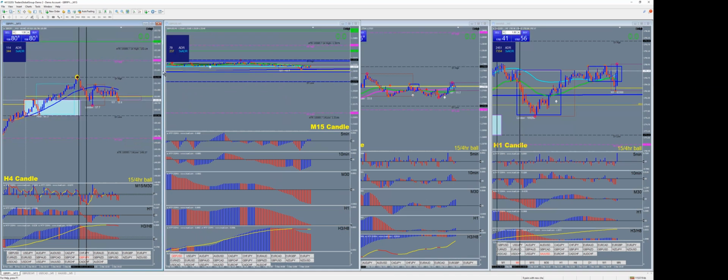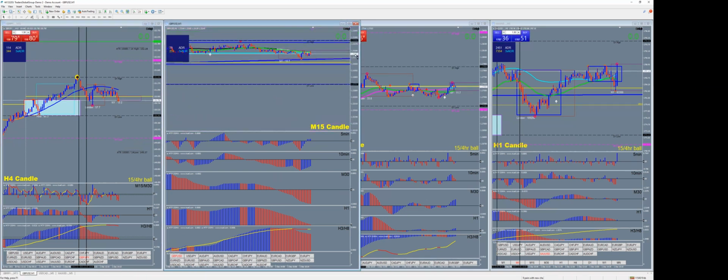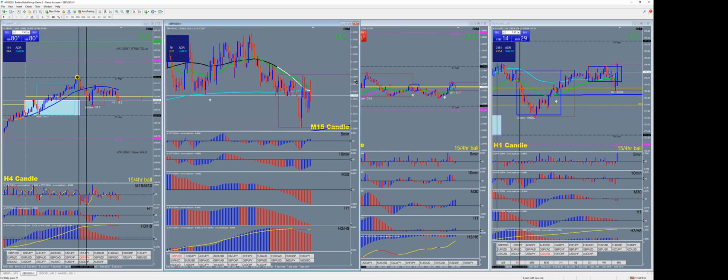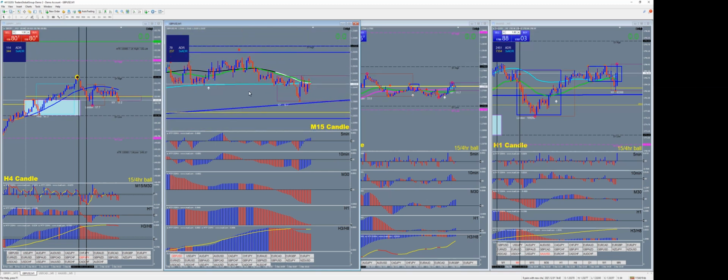And also, I knew the news is coming up at a quarter after the hour, ADP. And I figured, well, it might spike and take me out for 10 pips, but it might spike down because of the alignment. So the reasoning wasn't really valid, but that's the rationale.